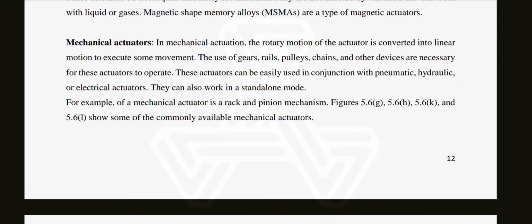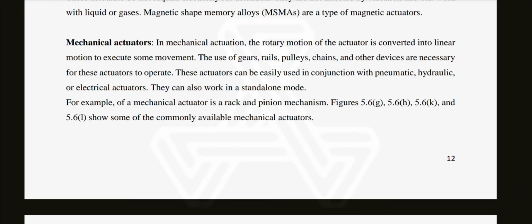Mechanical actuators. In mechanical actuation, the rotary motion of the actuator is converted into linear motion to execute some movement. The use of gears, rails, pulleys, chains, and other devices is necessary for these actuators to operate.